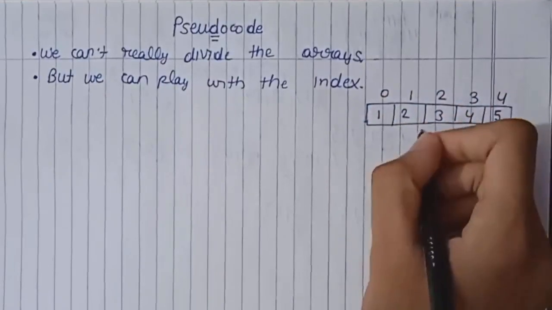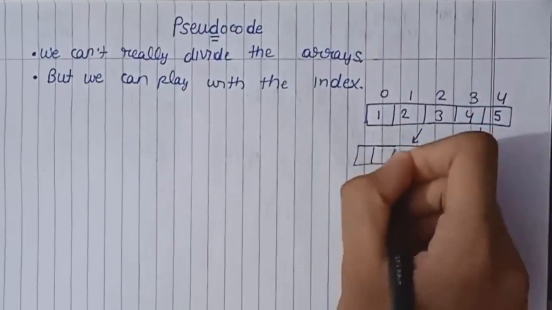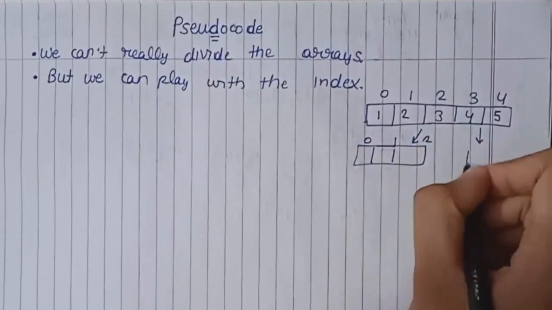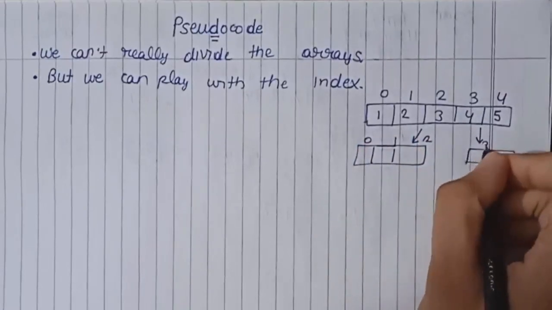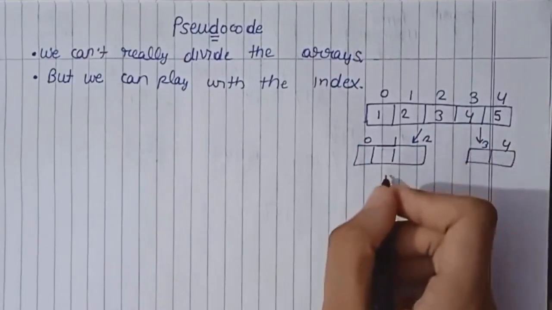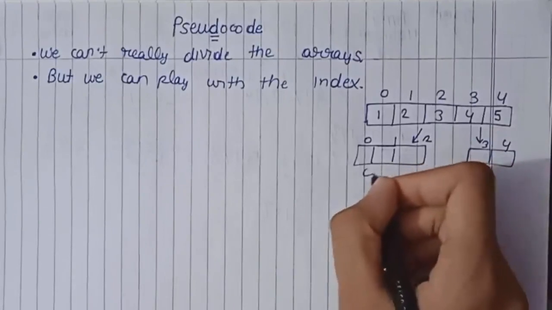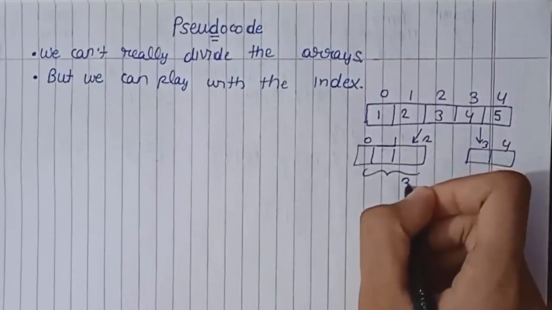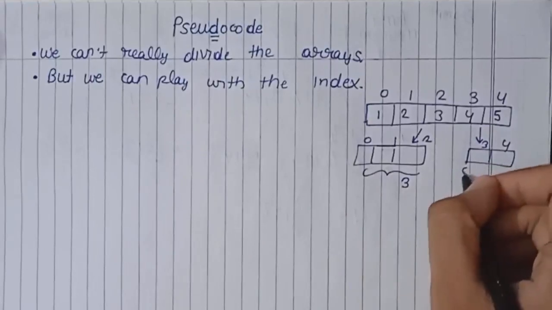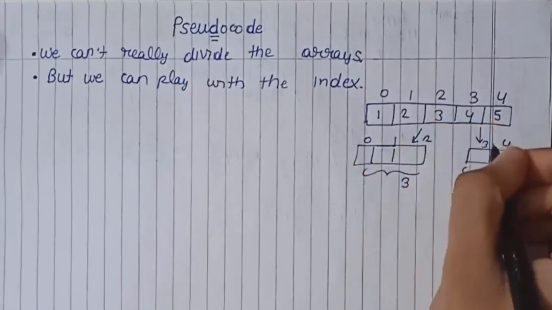Here we need to divide this array in the ratio 3 to 2, that is 0 1 2, and 3 and 4. So in the first array you will have 3 elements, and in the second array you will have 2 elements. So we need to divide this array into two parts.